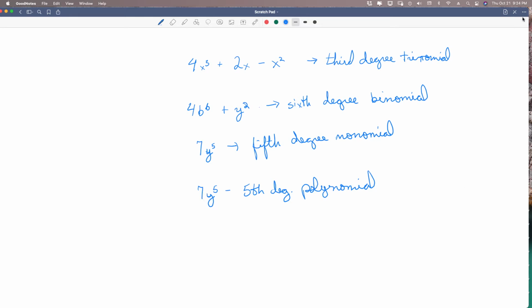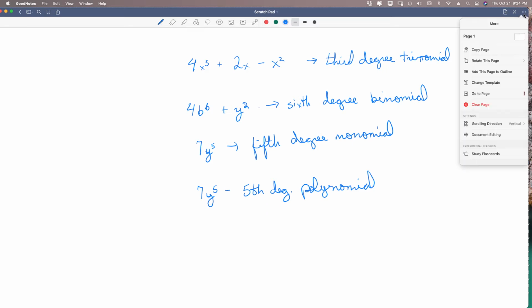All right, so let's move on to the addition of polynomials. So let's say I have this set of problems here. This is 48.1. And I have a trinomial that I'm adding to a binomial. And here's the trinomial.